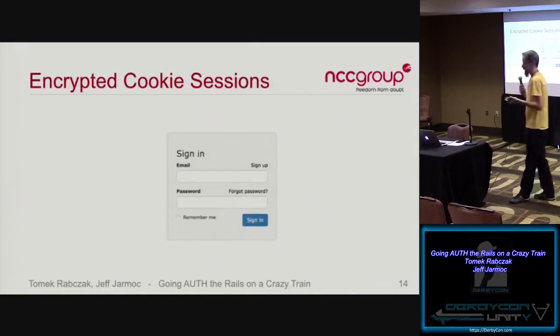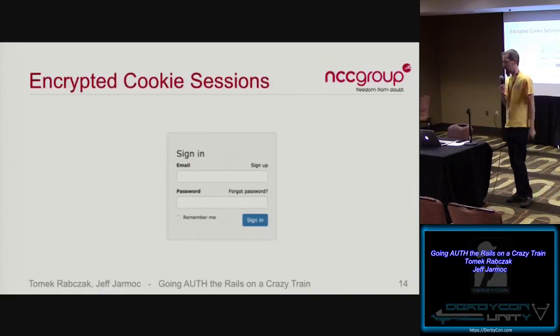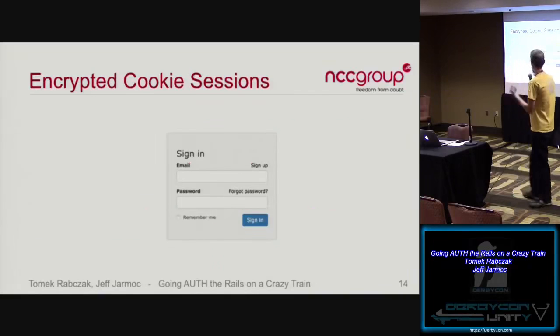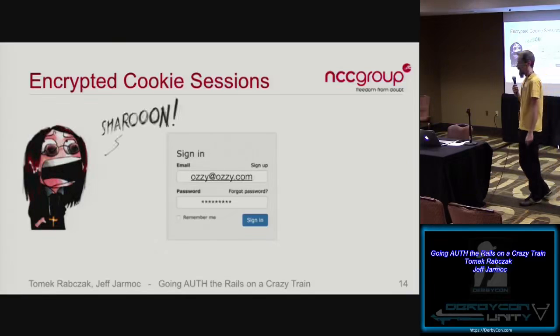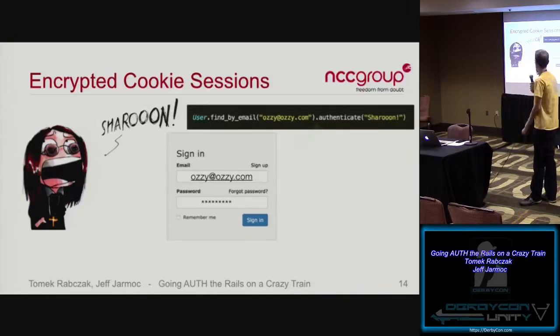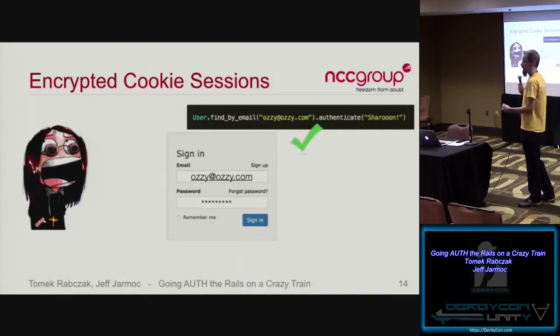The current default is encrypted cookie sessions on recent versions of Rails. So we've got an example here, and we'll walk through the flow. You've got a simple sign-in page. The user comes and provides their user ID and their password. It's sent to the application, which looks up the user by their ID and authenticates them using that password.